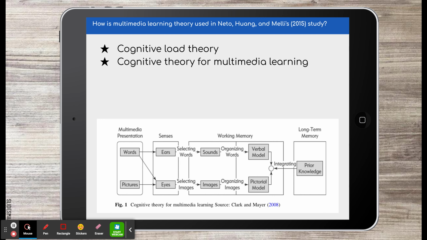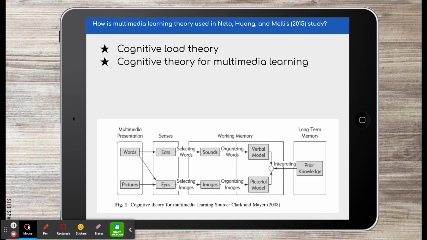All right. But the second framework, when we talk about the cognitive theory for multimedia learning, it involves the rules for effective learning, given that there are various multimedia designs.